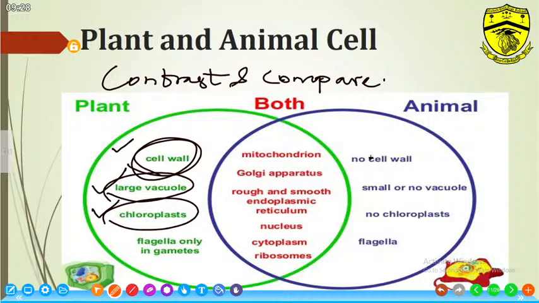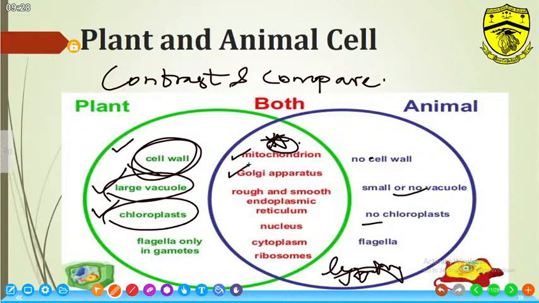The cell wall is absent, the large vacuole is changed to a small vacuole or no vacuole. Chloroplast is absent, flagella present, and that also indicates the lysosomes. You got it?